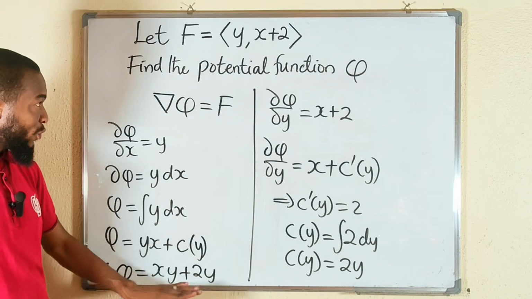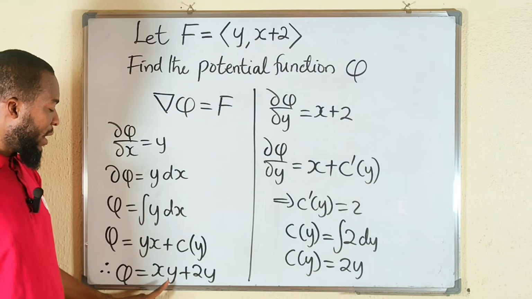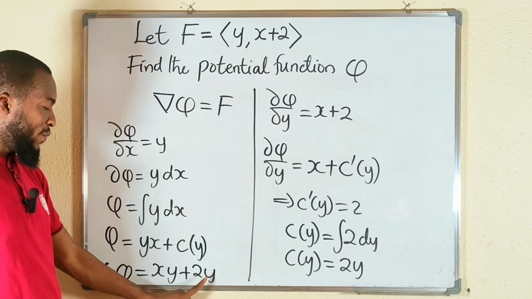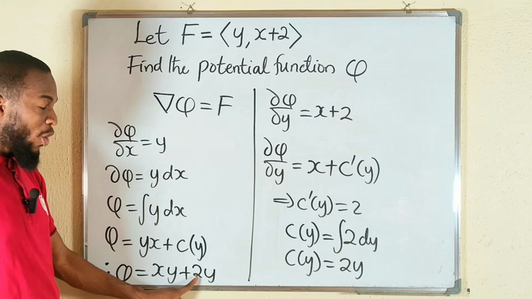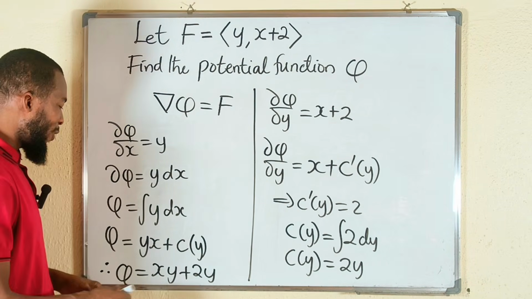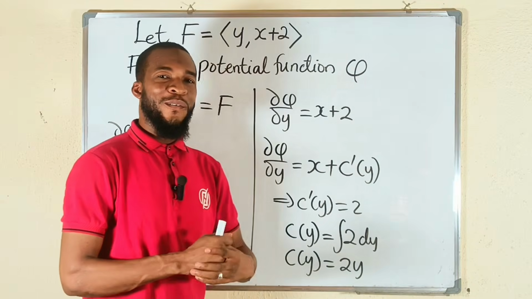So everything is just y. Can you see that here? Now differentiating with respect to y, you have 1 times x, which is x, and you differentiate the second term with respect to y and have only 2. So this is x plus 2. Therefore, this is said to be the potential function for this vector field.